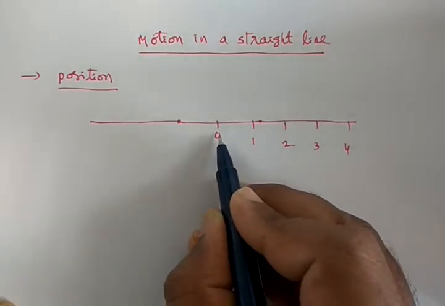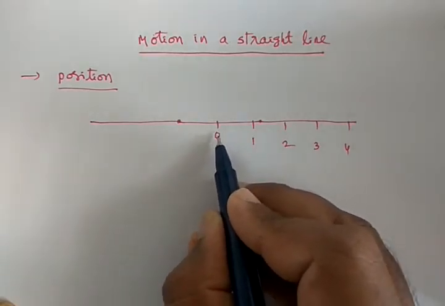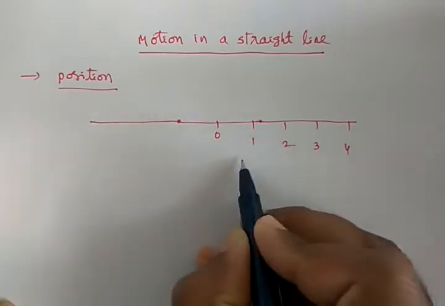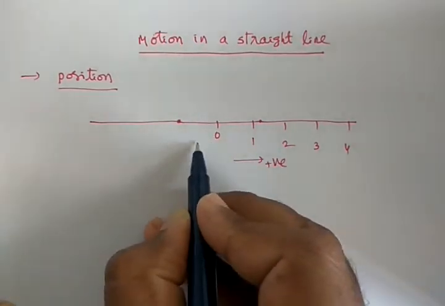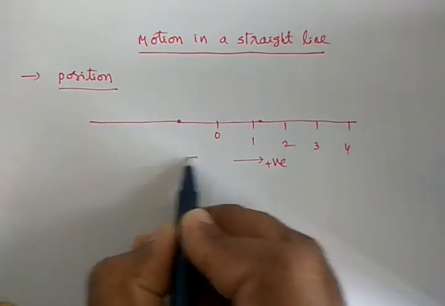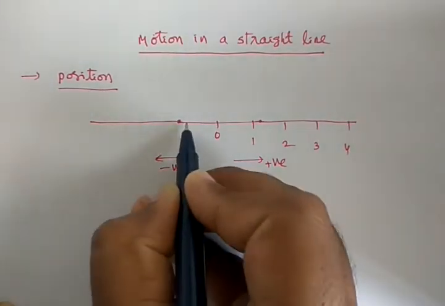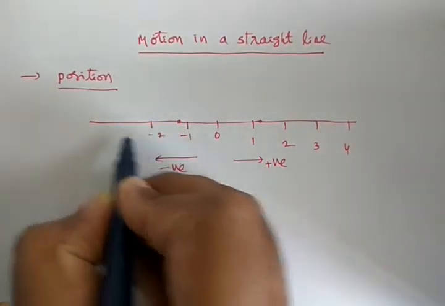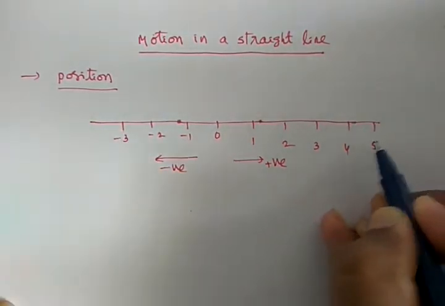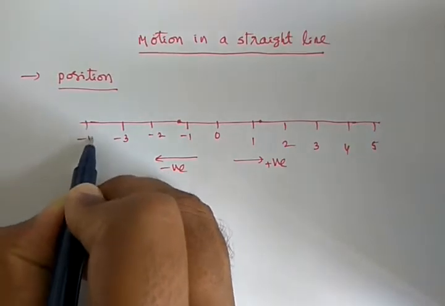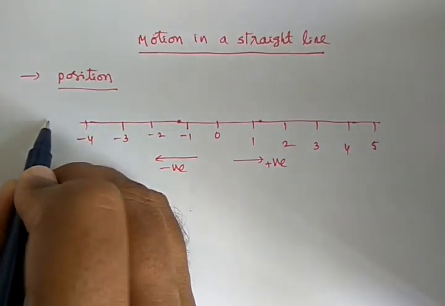As you go from 0 in this direction, you can take it as positive. If you go from here in this direction, you take it as negative. So here -1, -2, -3 and so on. Even you can have here 5, and here it's -4 and -5.